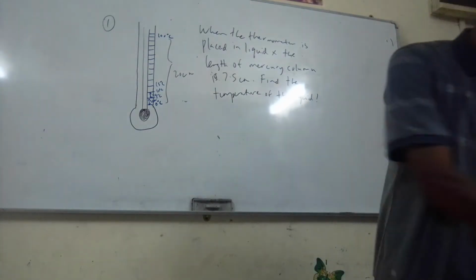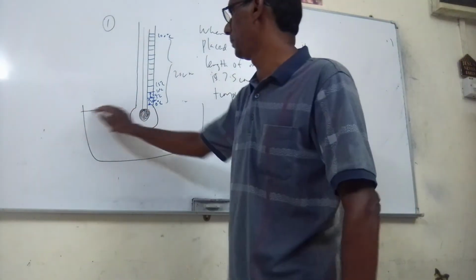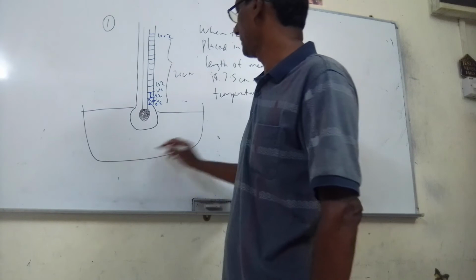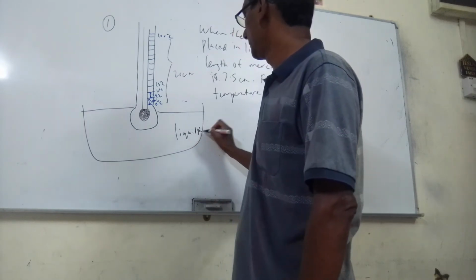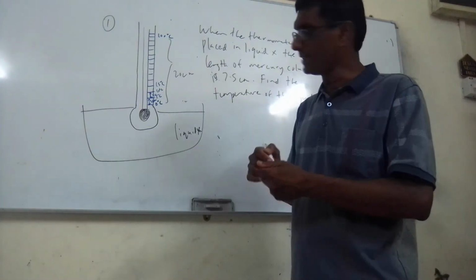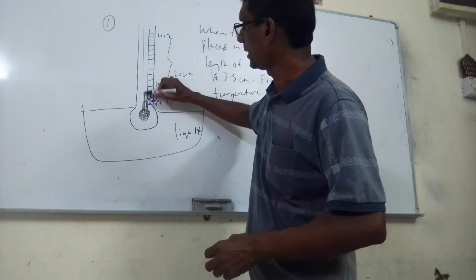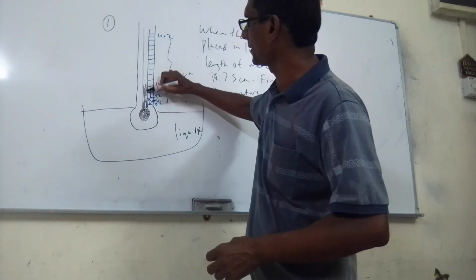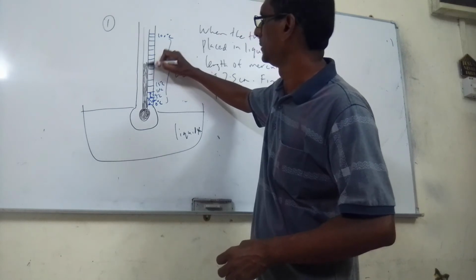So the 7.5 cm. For example, they put liquid X here, and the mercury rises up.